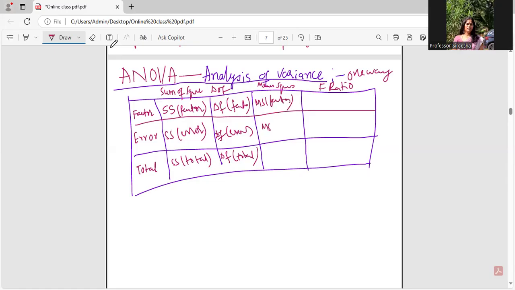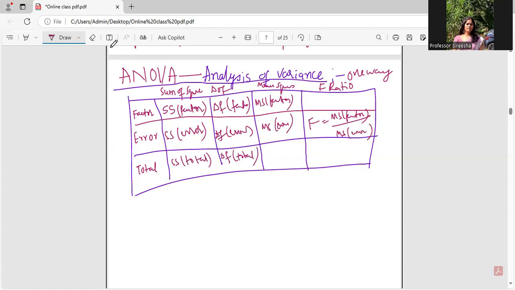MS error also you will be calculating. Now this F will have what? The F ratio will have MS factor by MS error. Okay, basically this is it.